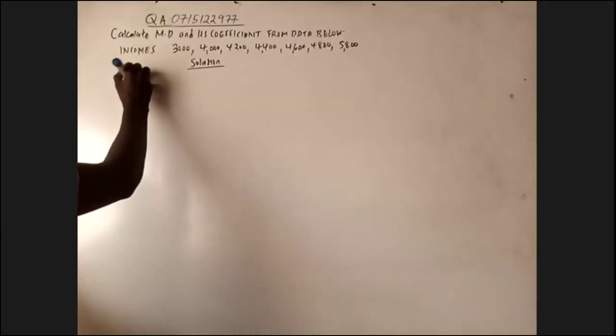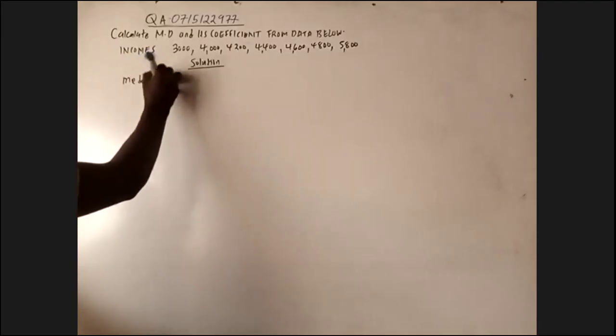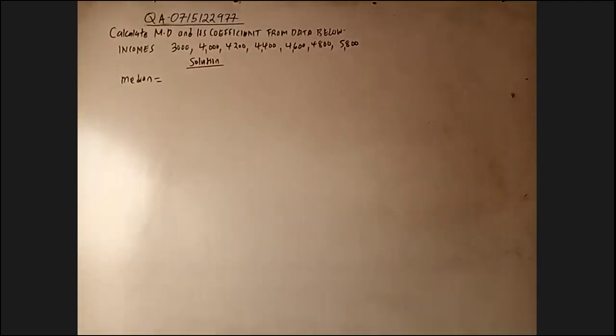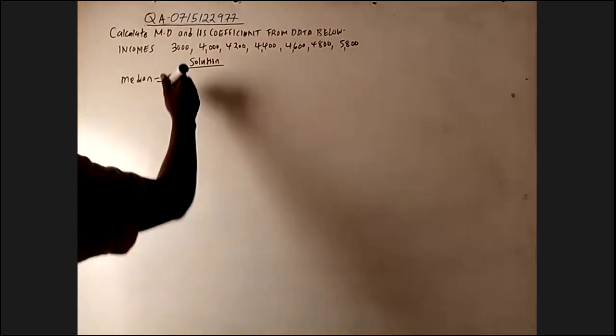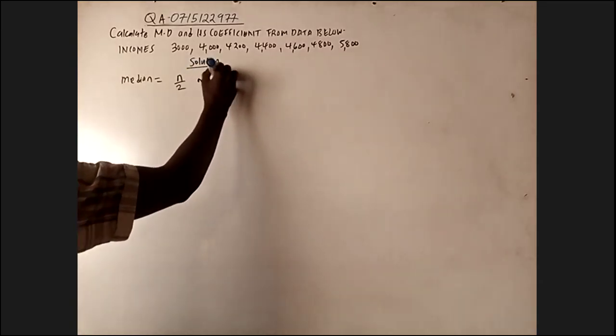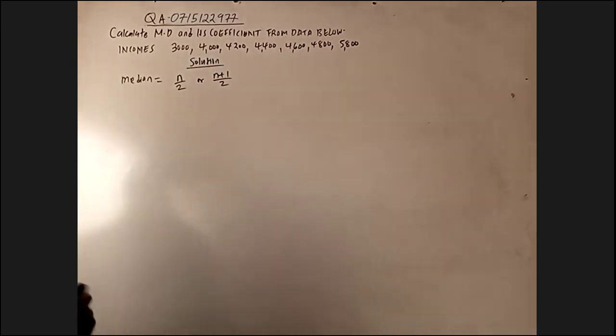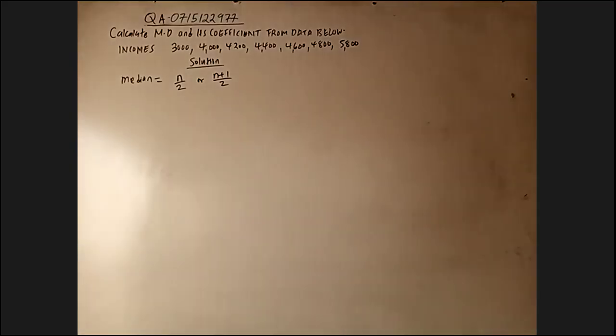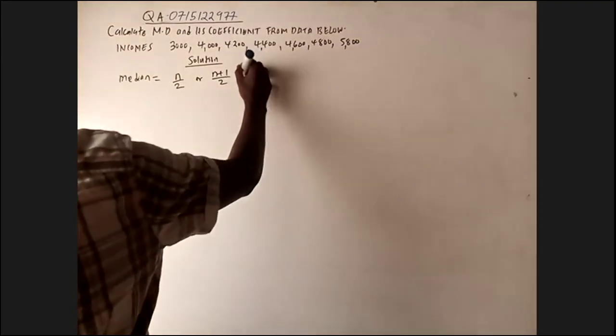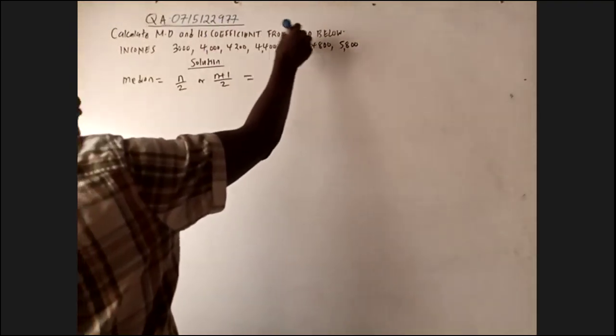So let us find median first. Now, for this kind of data, individual data, how are we finding the median? You find n. Is it n over 2 or n plus 1 over 2? N plus 1 over 2. So what's our number of n? 1, 2, 3, 4, 5, 6, 7.